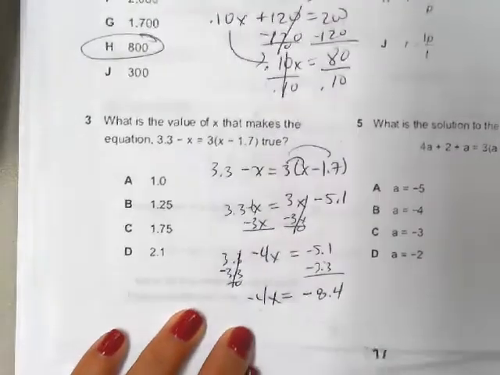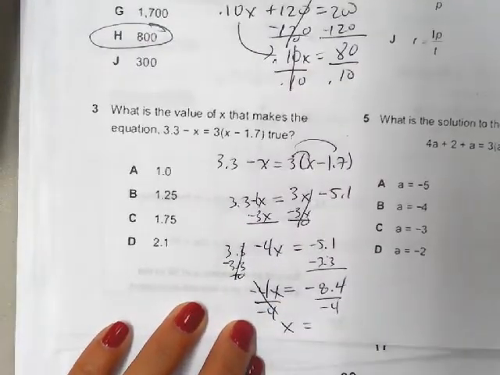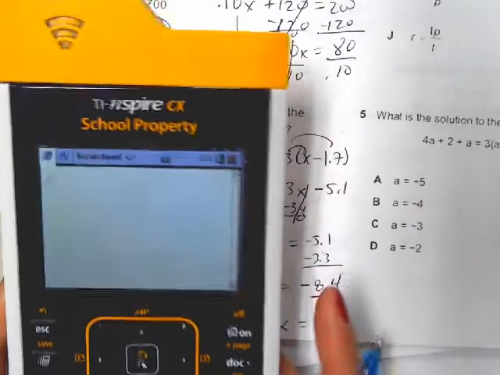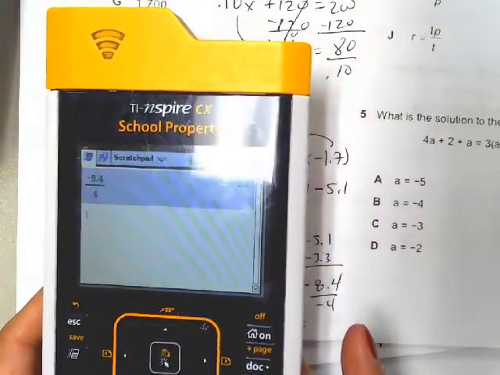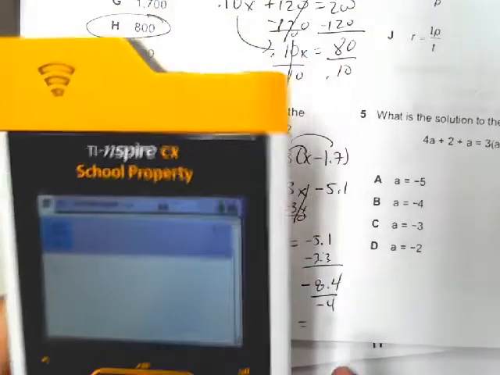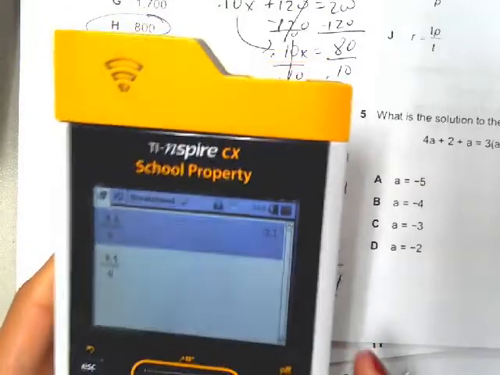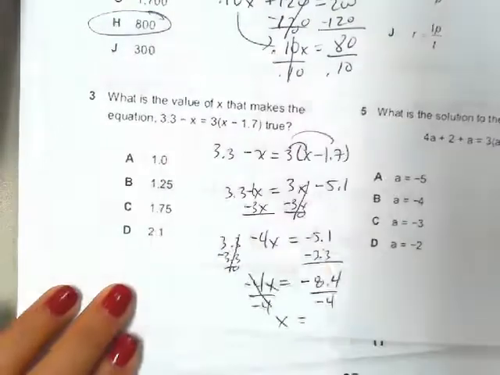Last thing there is to divide by negative 4, divide by negative 4. x equals negative 8.4 divided by negative 4. That gives positive 2.1.